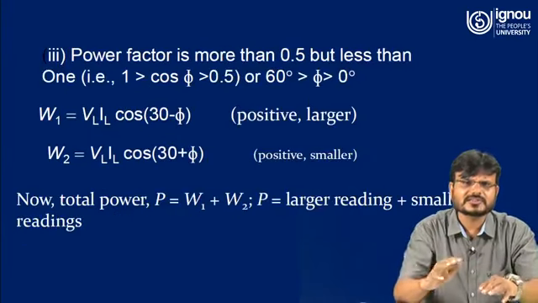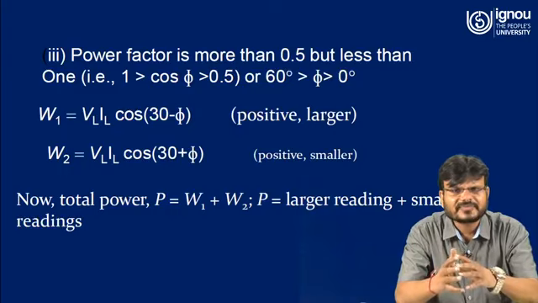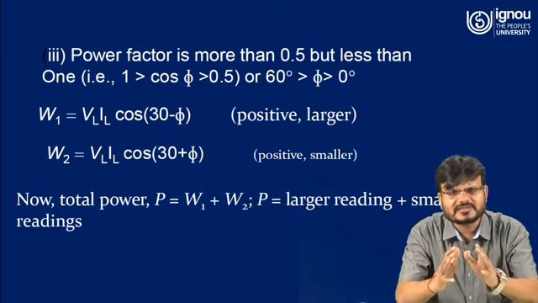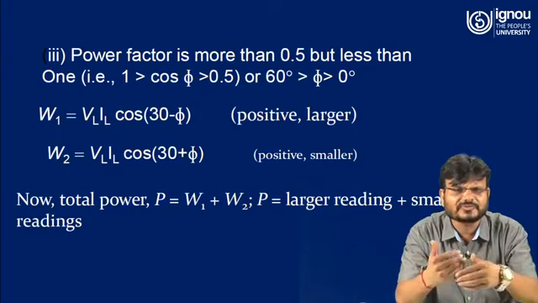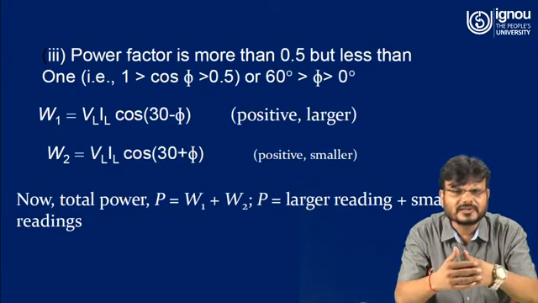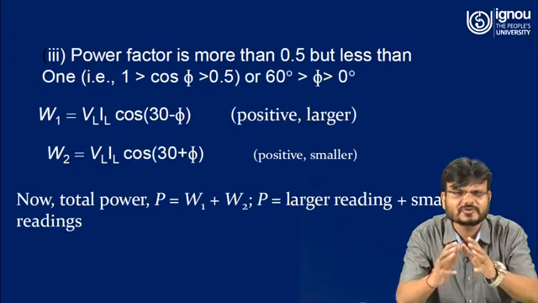Now we are going to discuss the third condition, when the power factor is more than 0.5 but less than 1. Here cos phi is greater than 0.5 and less than 1, which means phi is greater than 0 but less than 60 degrees. The reading of wattmeter W1, VL IL cos(30 minus phi), will of course be positive and larger.